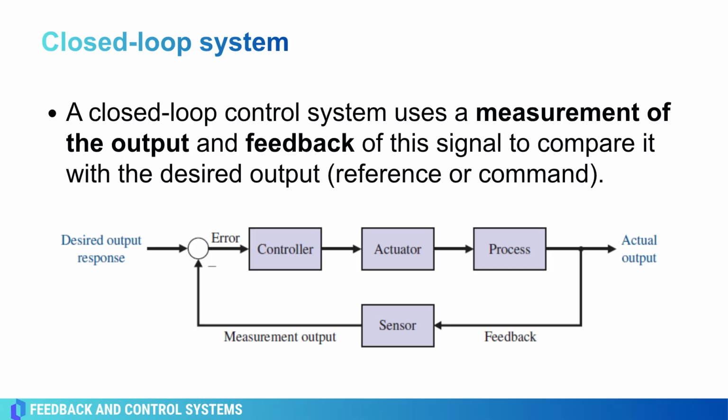In contrast to an open loop system, a closed loop system utilizes an additional measure of the actual output to compare the actual output with the desired output response. The measure of the output is called the feedback signal.